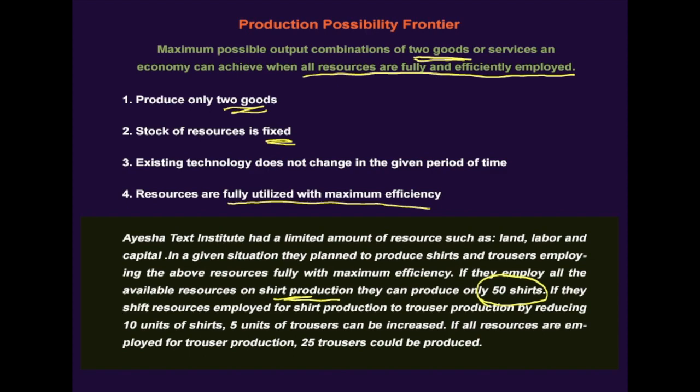And if they shift the resources from shirt production to trouser production, then for every 10 units of shirts reduced, they can increase 5 units of trousers. And finally, if all the resources are employed for trouser production, it can produce a maximum of 25 trousers with 0 shirts. So with this given information, let's put down a chart and then we can draw our PPF.